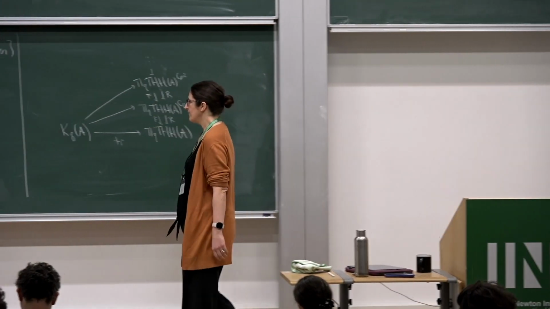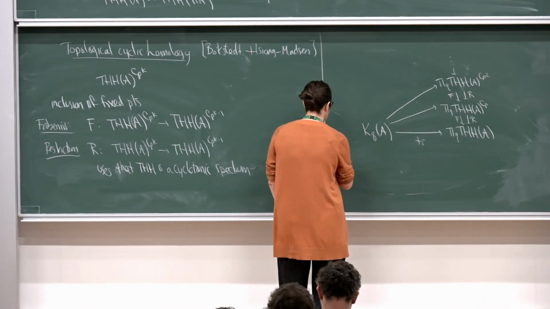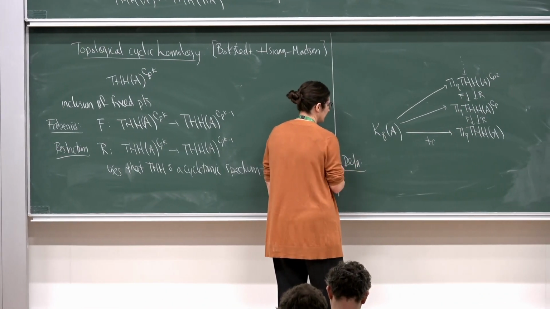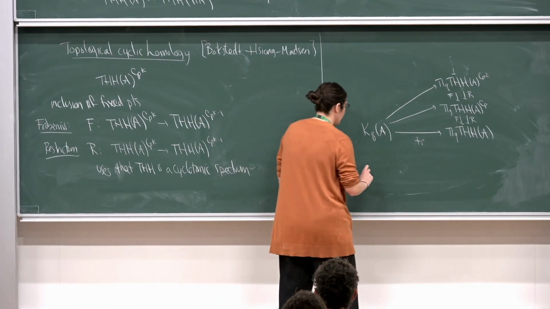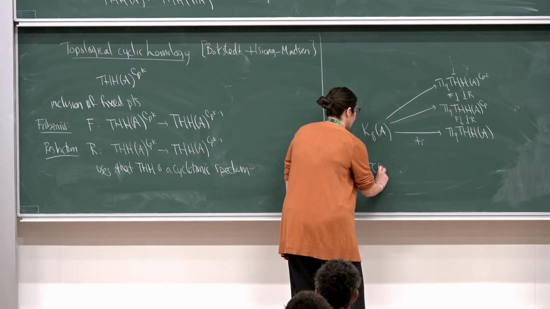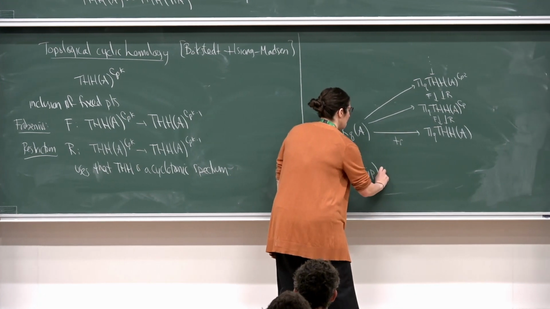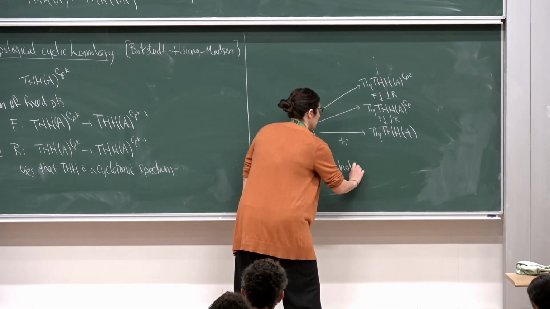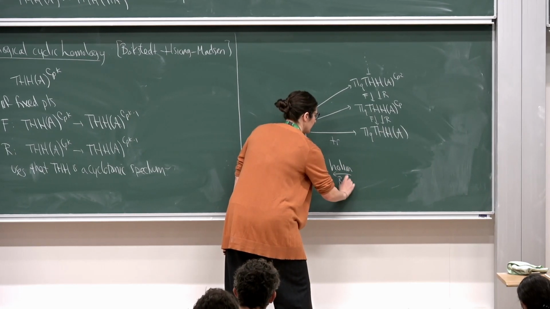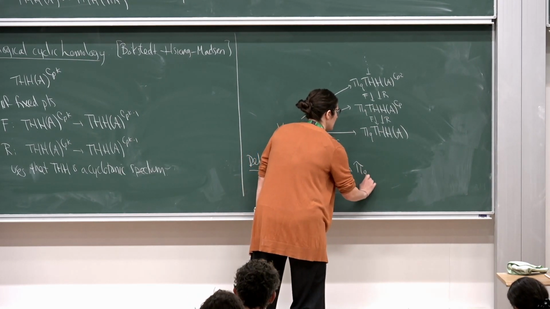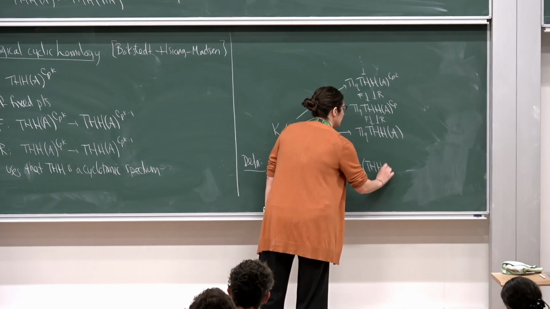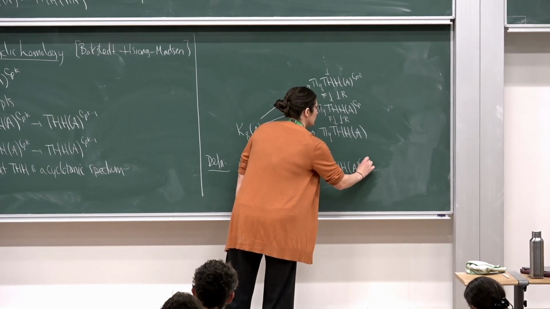And then what is the definition of topological cyclic homology? This is Bökstedt, Chang, Madsen's definition. They said that the topological cyclic homology of A is the limit over these restriction and Frobenius maps of these fixed points of THH.